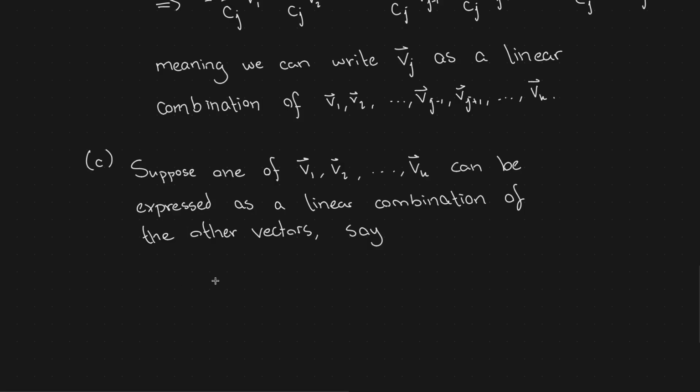Say, in particular, maybe it's the jth vector, whatever j is, that can be expressed as a linear combination of the other vectors. So let's go a1 V1 plus a2 V2 plus dot dot dot, and I need to show that I've taken the jth vector out.